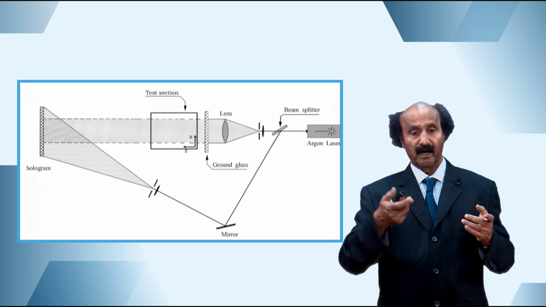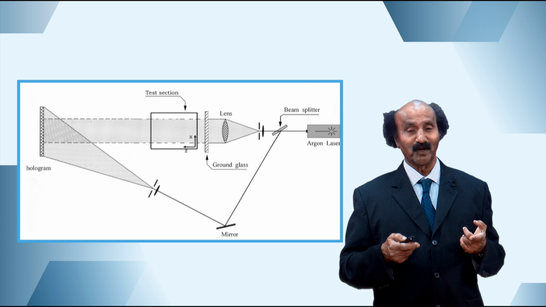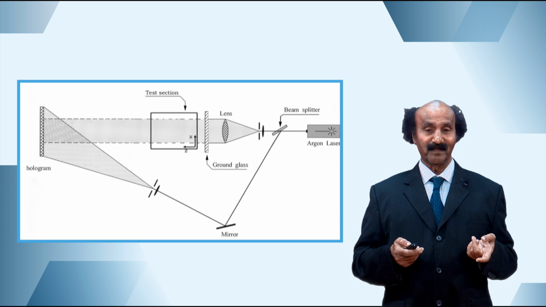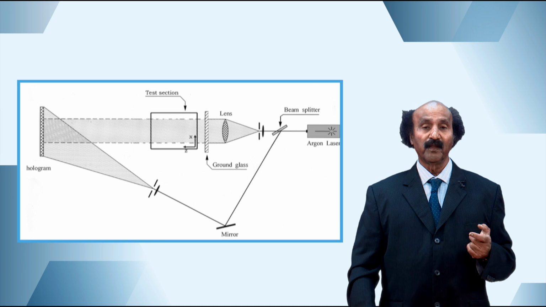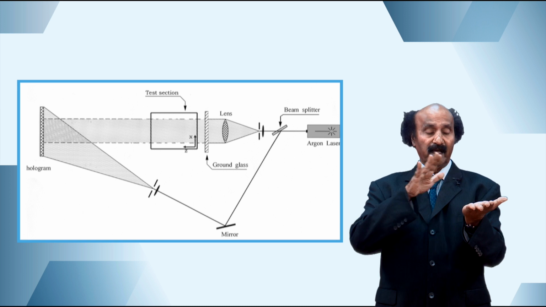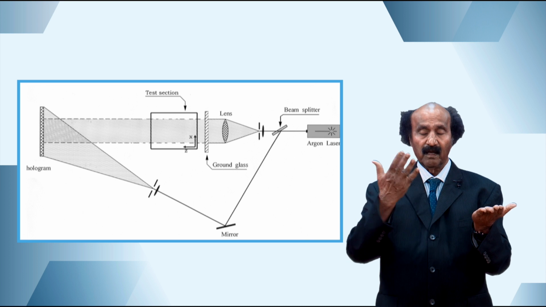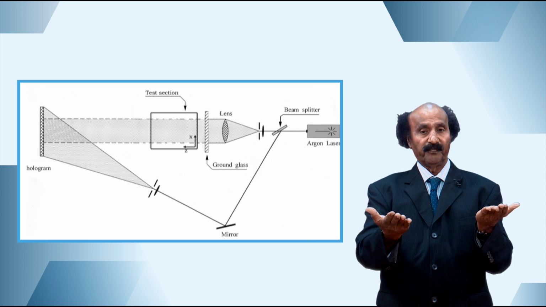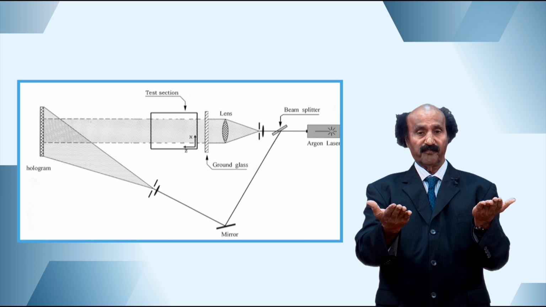You can see the top and the bottom one. The bottom one is called time average holography. The only difference is in the first one, the top one, you have taken a turbine blade before stress, another after stress. That is called double exposed holographic interferometry.